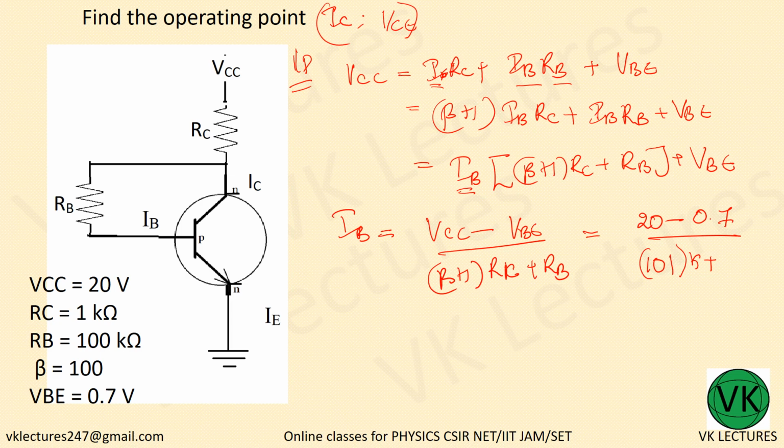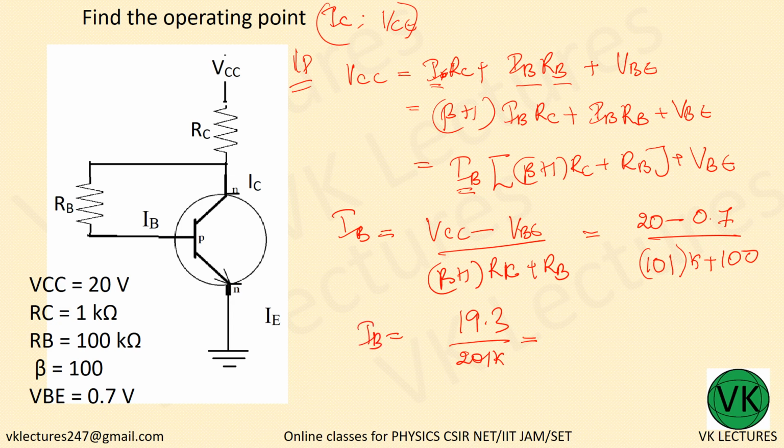RB is equal to 100. Now here you cannot use that approximation. So that's equal to 19.3 divided by 201K. That is equal to IB.